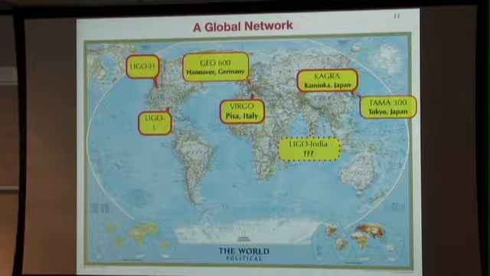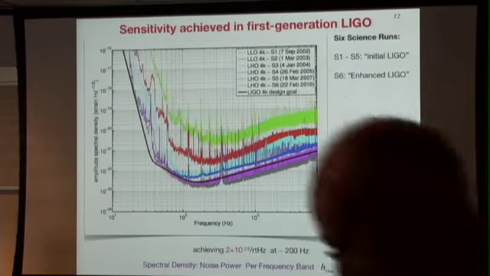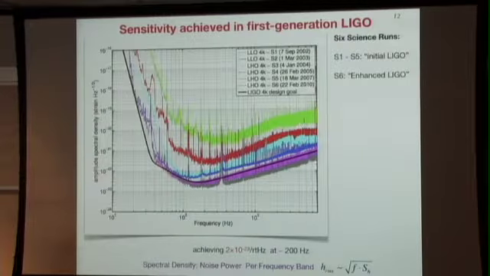So in terms of the history of LIGO operation and the level of sensitivity, LIGO started science runs in 2002, and you can see that during these science runs, the sensitivity kept improving between the different runs.